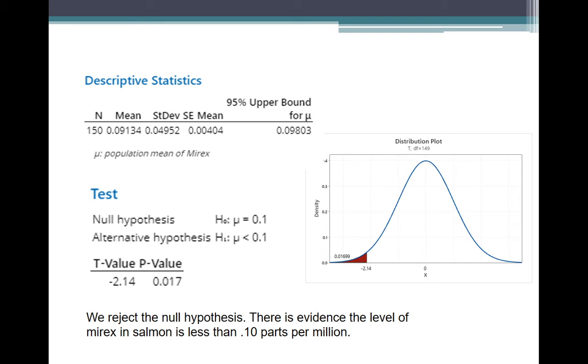And here's the descriptive statistics that I got from the null hypothesis that mu is 0.1 and the alternative is less than 0.1. I got a t-value of negative 2.14.